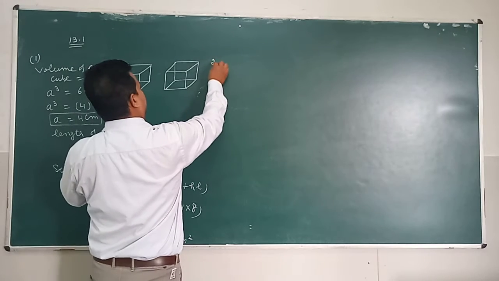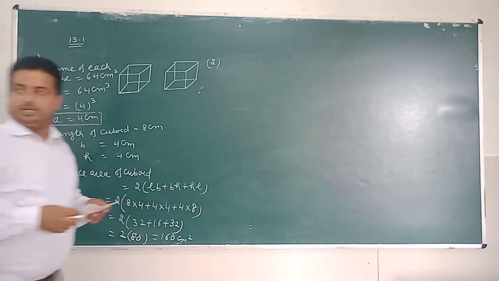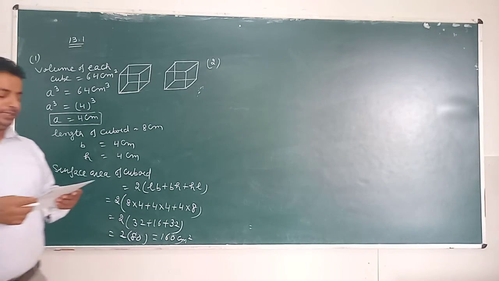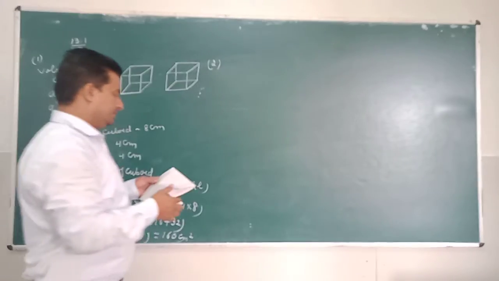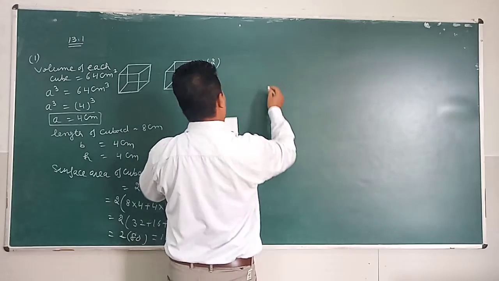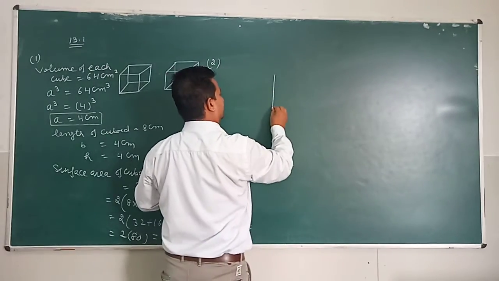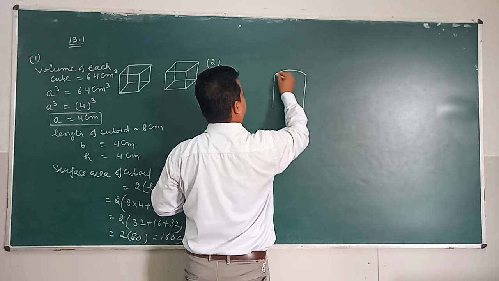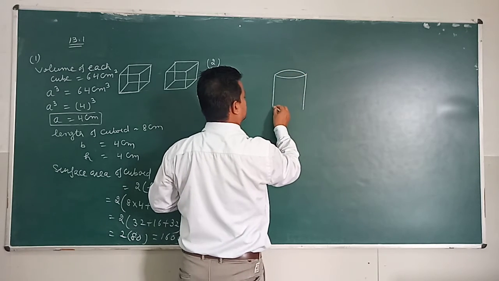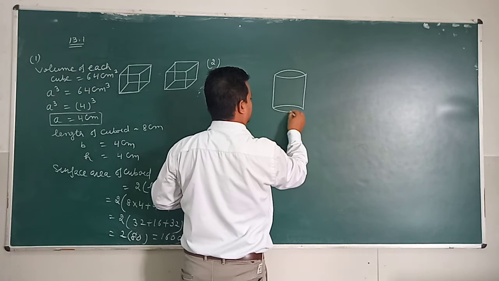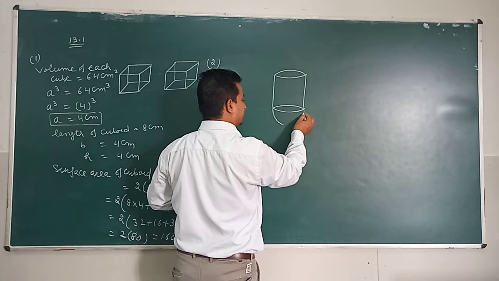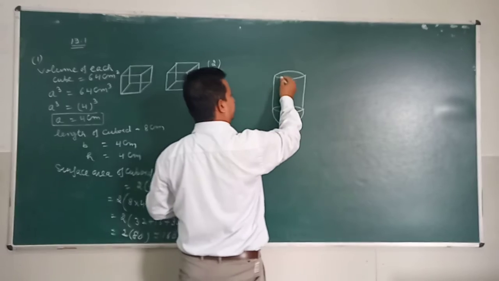In the second question, the statement is, a vessel is in the shape of a hollow hemisphere mounted by a hollow cylinder. The figure is, there is a hollow cylinder mounted by, this is hollow cylinder, and this is the hemisphere.